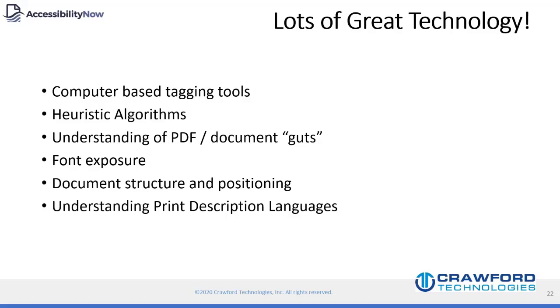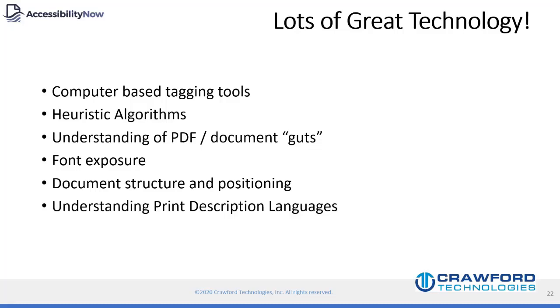So some provide a graphic user interface for making the tagging or creating an accessible document very easily. Some include heuristic algorithms, generating those workflows in an automated fashion, where the more information is processed, the more accurate it gets.